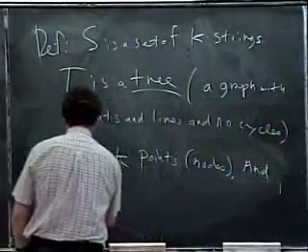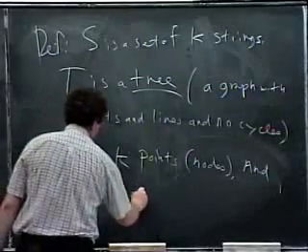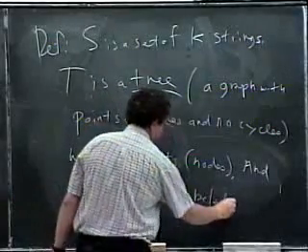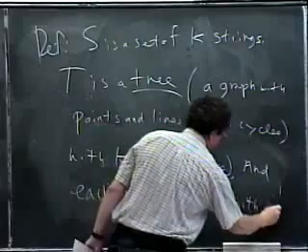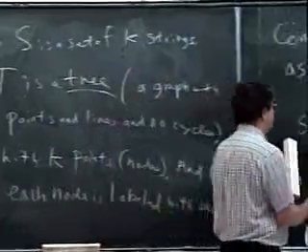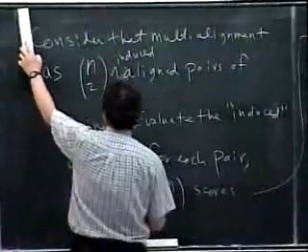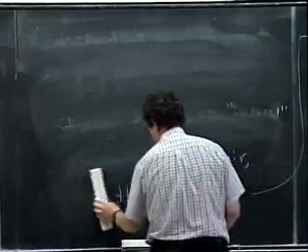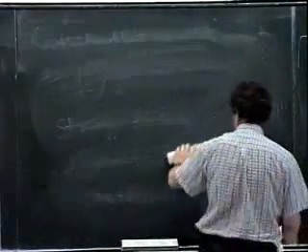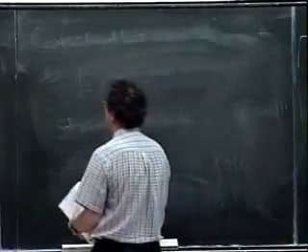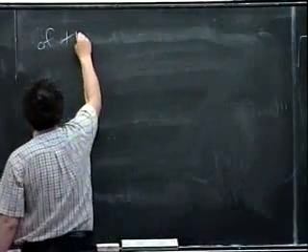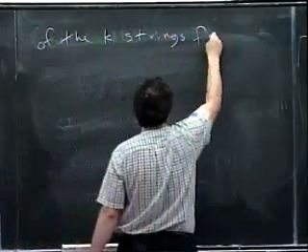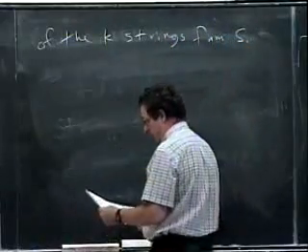And each node is labeled with one of the K strings from S. So here's an example of one.